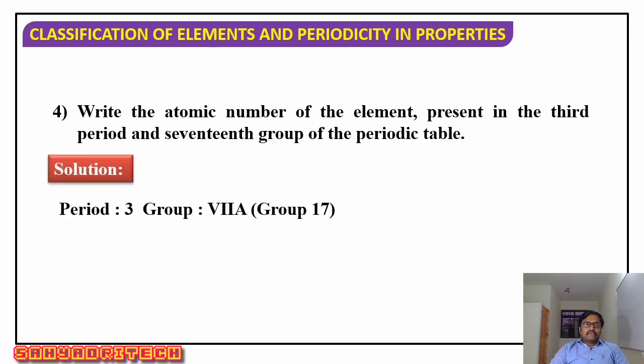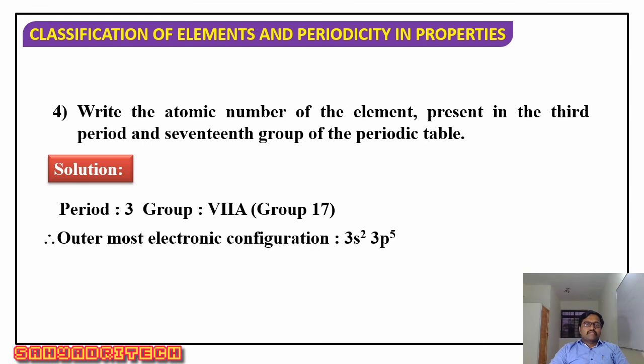Third period, and what else do they say? The 17th group. So the outermost electron configuration of the third period and 17th group will be 3s2 3p5. Second period means 2s 2p, and third period means 3s and 3p.